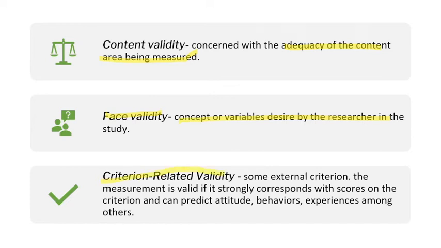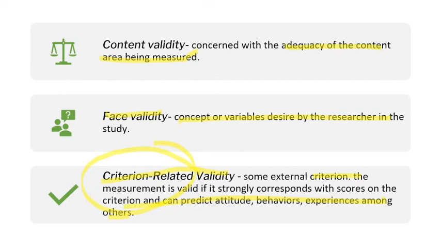And criterion-related validity, you are looking into some criteria, and the measurement is valid if it strongly corresponds with the score criterion, meaning it can predict attitude, behavior, experiences, among others. Now, for example, I'm talking about level of stress. There's already this 20-item questionnaire from my psych book which tells me that this is the best questionnaire for the level of stress. But as a researcher, I would want to develop a new questionnaire for level of stress, and I make a 10-item questionnaire.